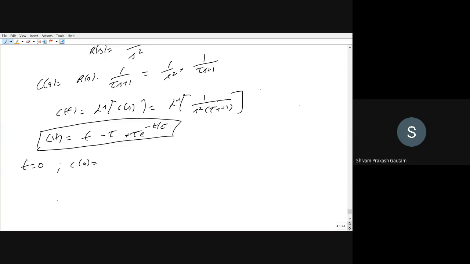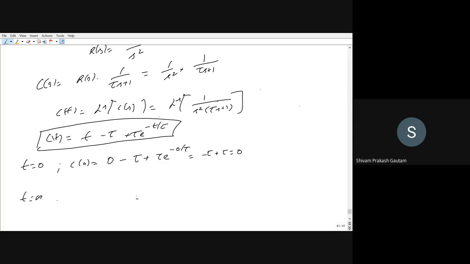At t is equal to 0, this will be equal to, just check. So this will be equal to 0 minus tau plus tau e to the power minus 0 upon tau. So this will be equal to 0 minus tau plus tau. So this will be equal to 0.